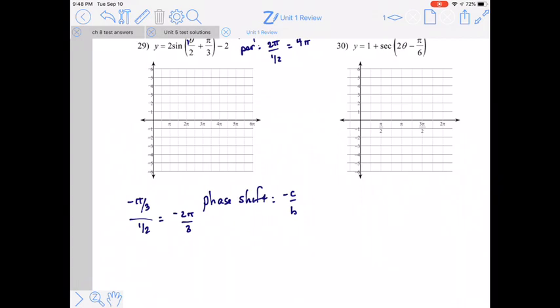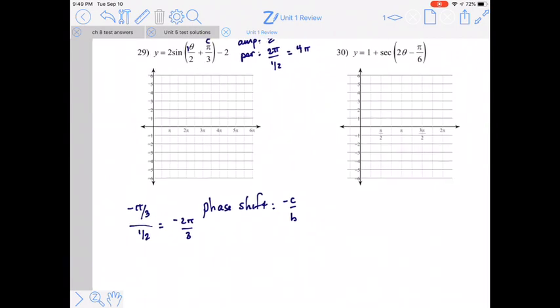Another way you can do that is by considering this expression here. If you factored out the 1/2, you'd have theta plus 2 pi over 3.